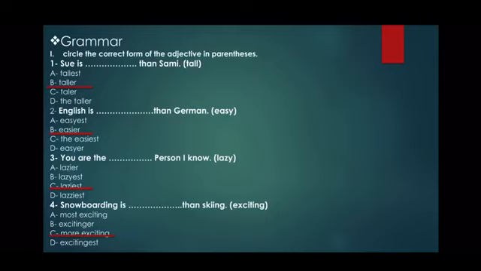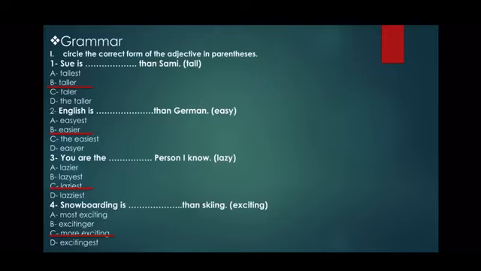Easy is actually one syllable. So comparative, one syllable, so I'm going to add ER. But here you should be careful, because you have an adjective which ends with a consonant followed by a Y. So I'm going to remove the Y, replace it with an I, and then I can add ER, which is easier, which is the answer B.